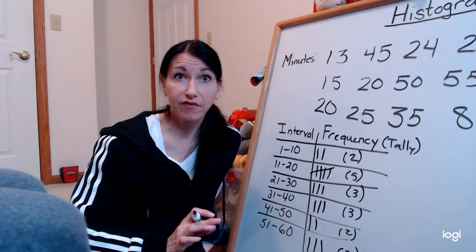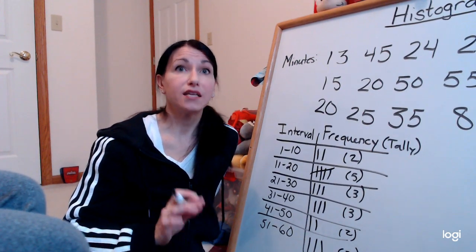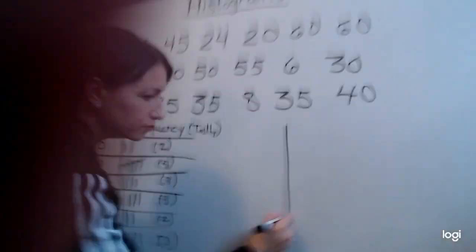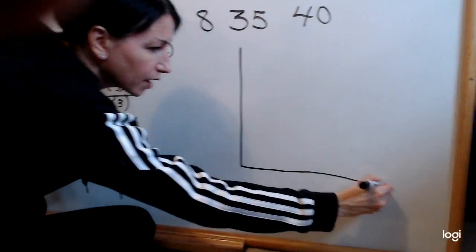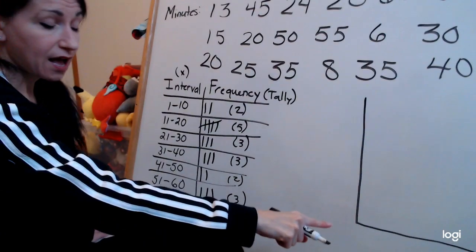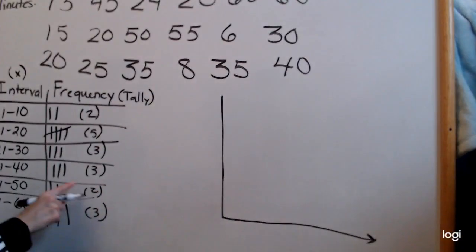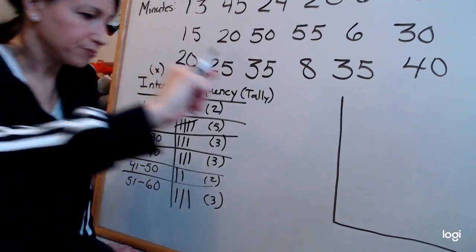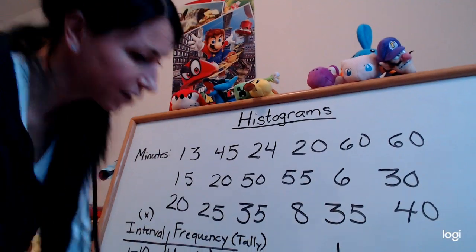What kind of graph is it? A connected bar graph. So I make my bar graph, and I take my left, my X, and I put it onto my X-axis, and then the Y goes on my Y. A lot of times when I'm writing the interval, I write it sideways.